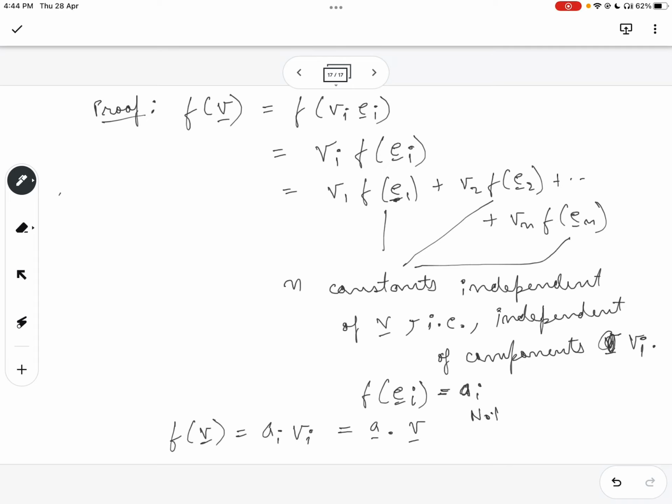Again, something which can be shown easily. I would like you to prove it for yourself that A is unique. That is, for a given scalar valued function f of v, which is linear, which can be written as A dot v, this A is unique.